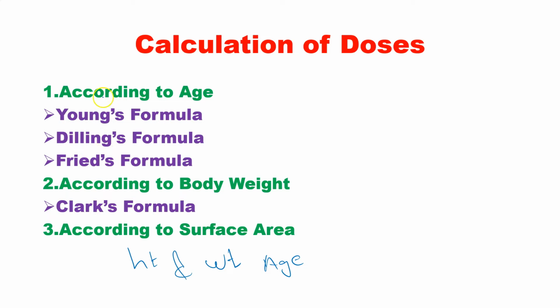Now we'll see the three age-based formulas with examples from each, then Clark's formula according to body weight, and according to the surface area we will see one example. So the first formula, Young's formula, is according to the age.